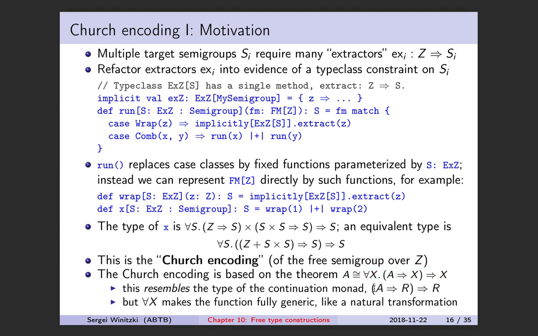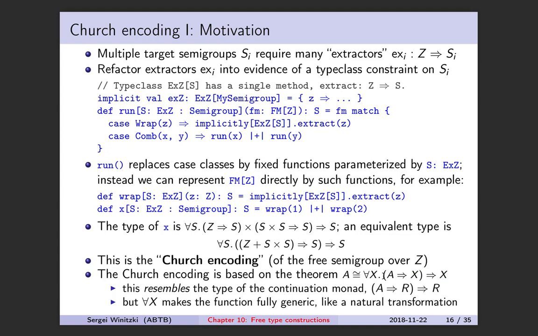And so unlike the continuation monad, the presence of the universal quantifier makes this function fully generic in X, and it becomes like a natural transformation between this functor and this identity functor. So this is a reader functor with type A being read and X is the parameter, and this is the identity functor with X as the parameter.